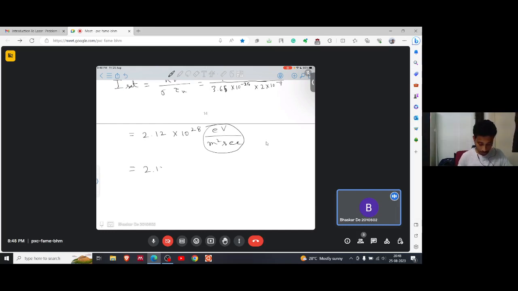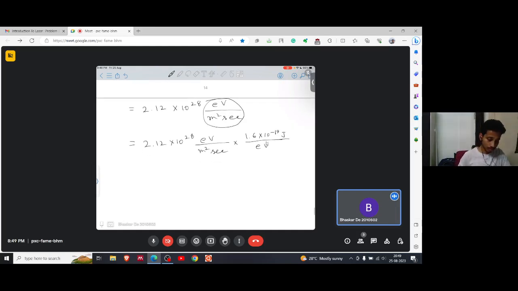In order to convert that, we will use 2.12 into 10 to the 28 eV per meter square second into 1.6 into 10 to the minus 19 joule per eV. 1.6 into 10 to the minus 19 is the value of the electron charge.